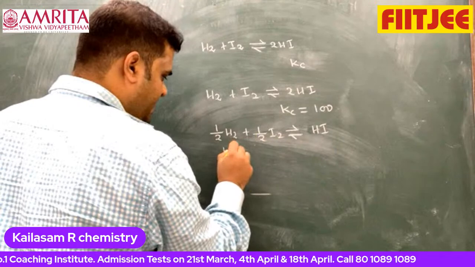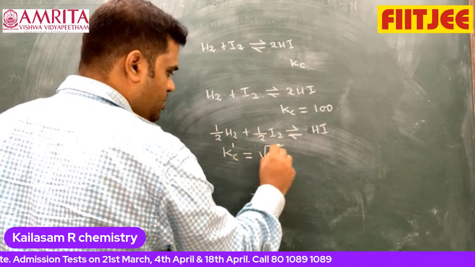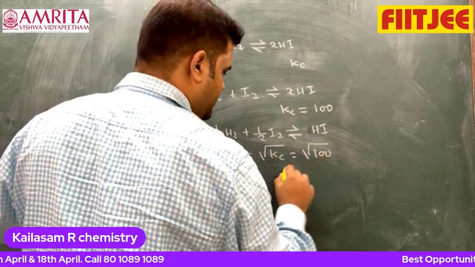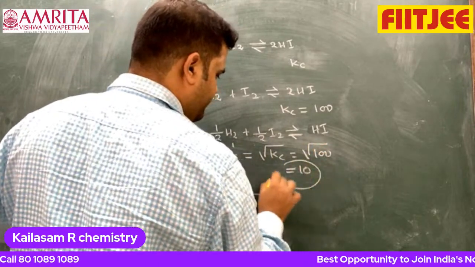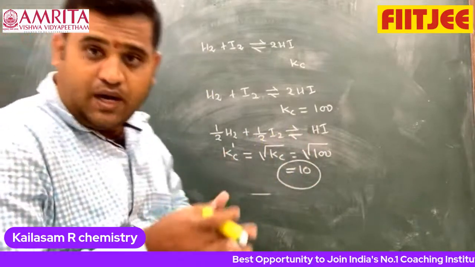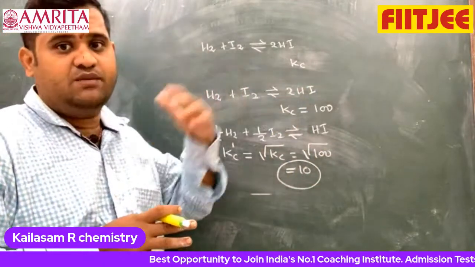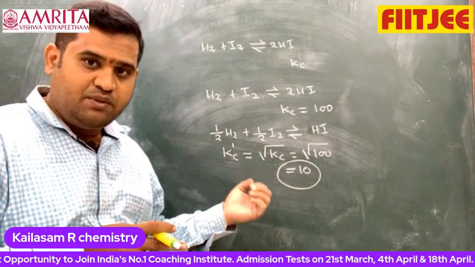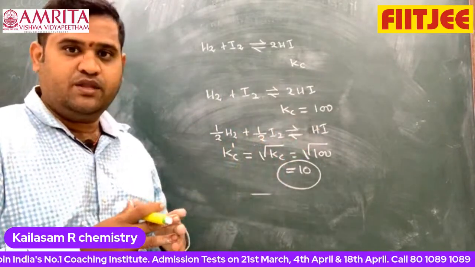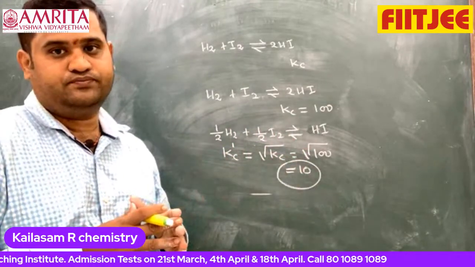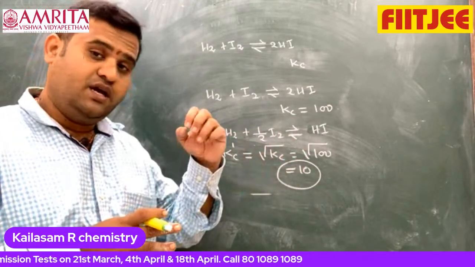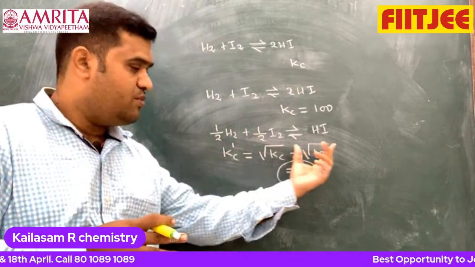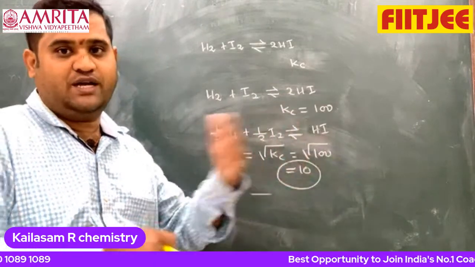Kc dash is equal to root Kc, which is root 100, and this is 10. That means when the reaction is divided by 2, the new equilibrium constant expression should be the square root. If you multiply by 2, you square. If it is divided by 2, you have to take the square root of that.